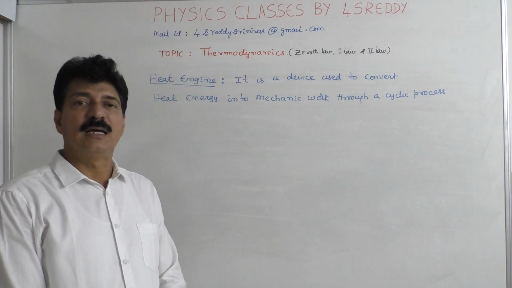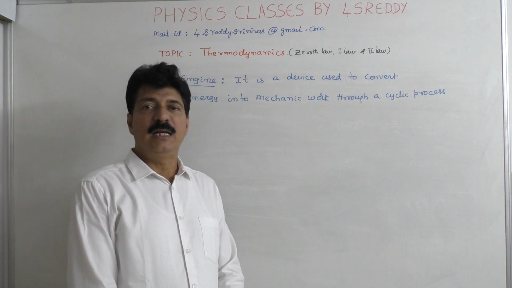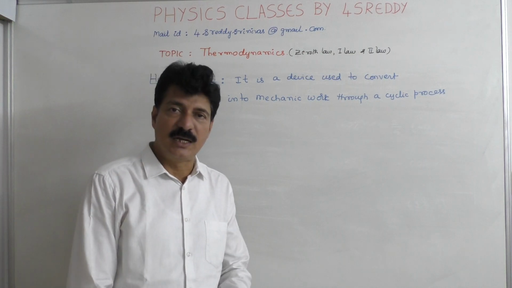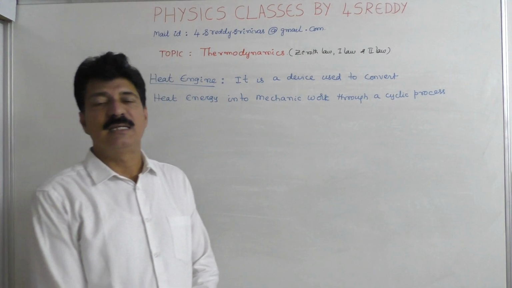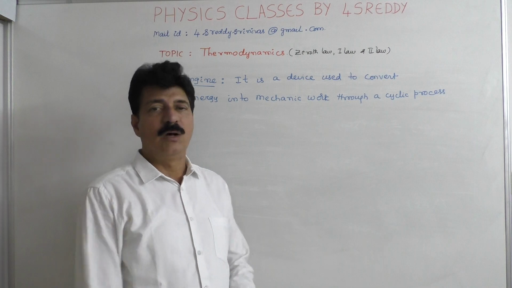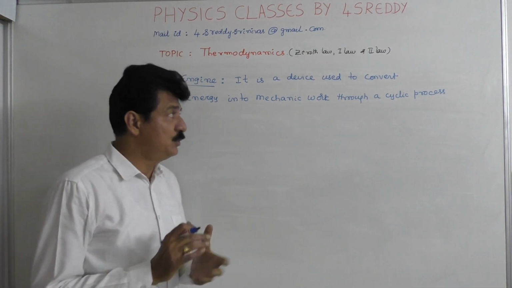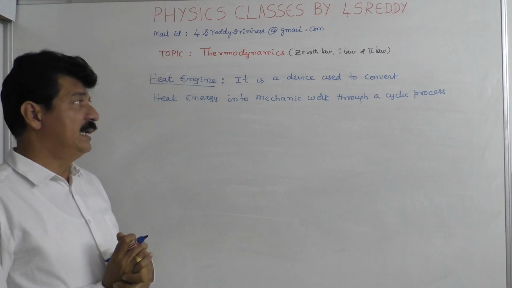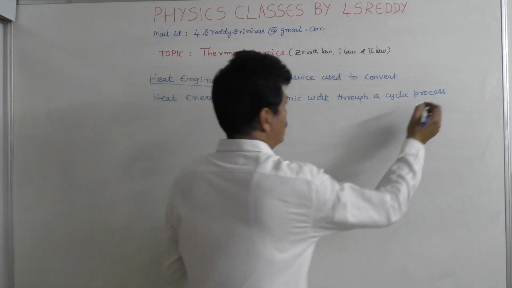An irreversible process is one which cannot proceed in the reverse direction. Now, forget about that. Here, a heat engine is the device used to convert heat energy into mechanical work through a cyclic process.